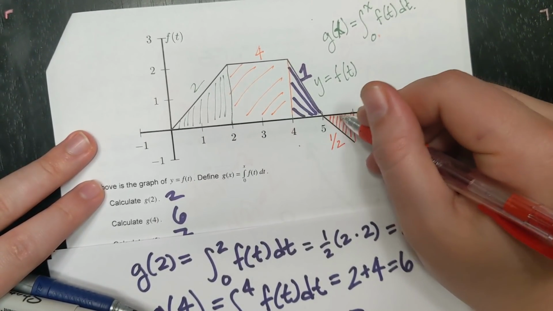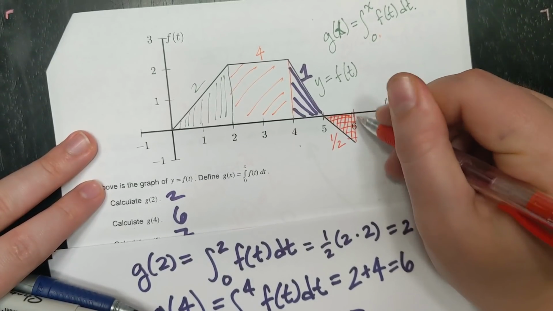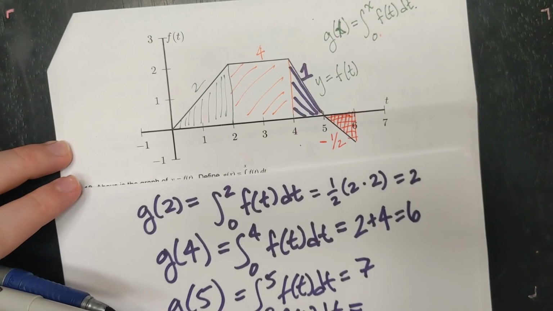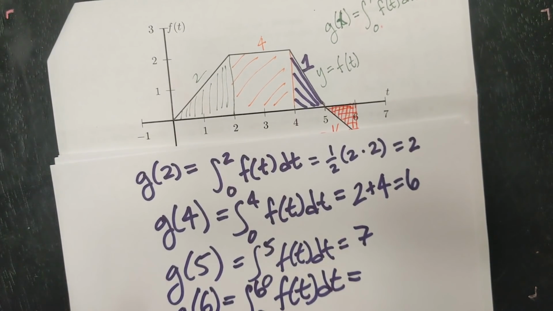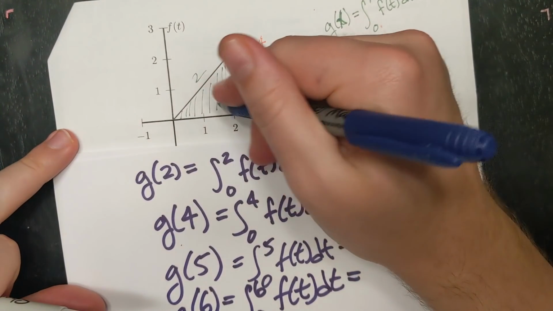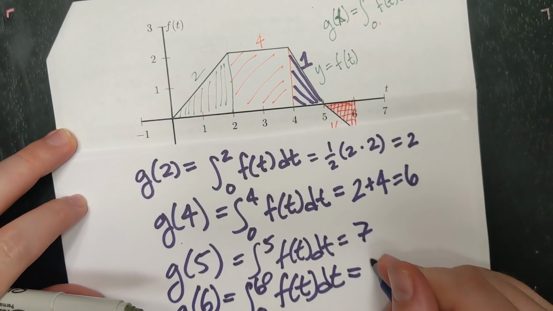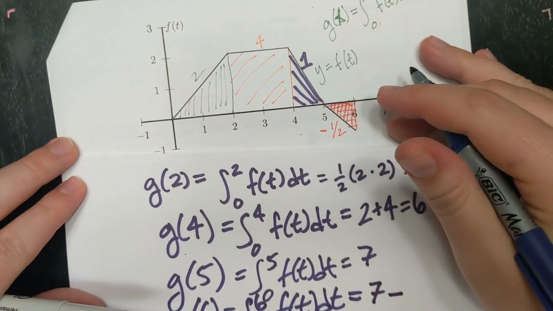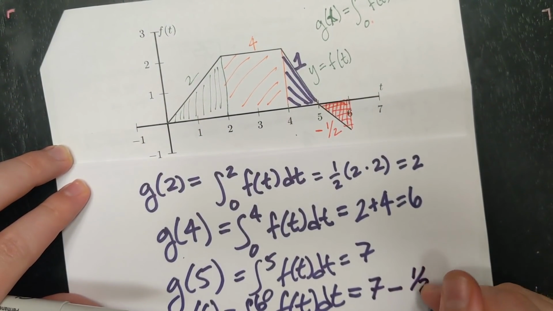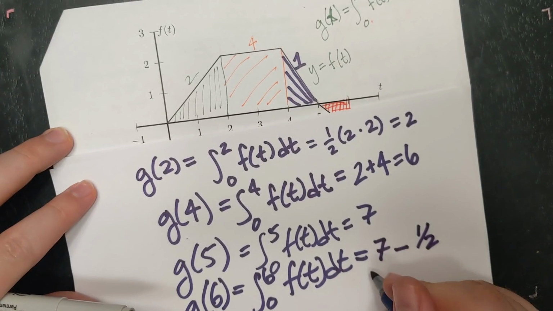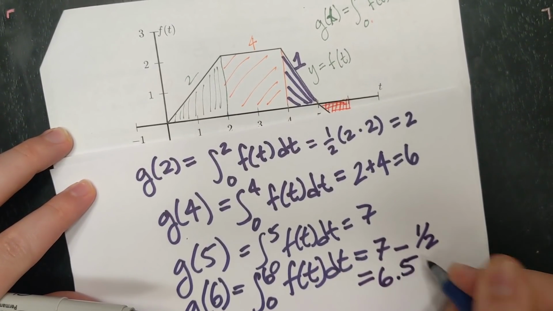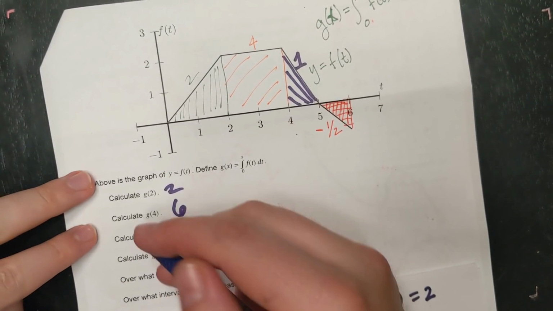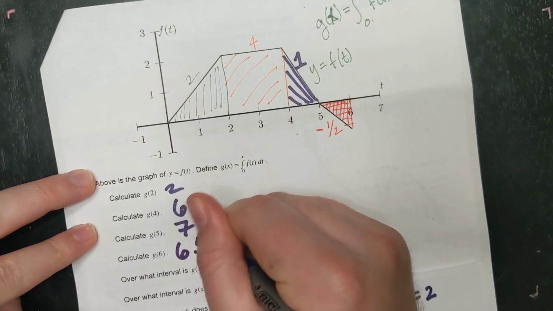But because it's under the x-axis, it's negative area. And so the total area from 0 to 6 is this positive area, which came out to be 7, minus this negative area, minus the negative 1/2. So that gives us 6.5. g of 6 is 6.5.